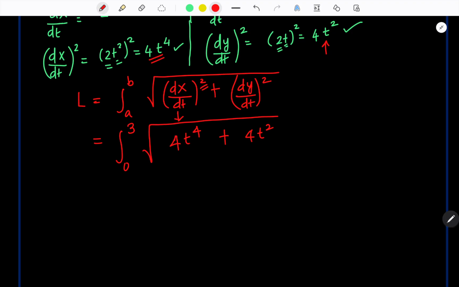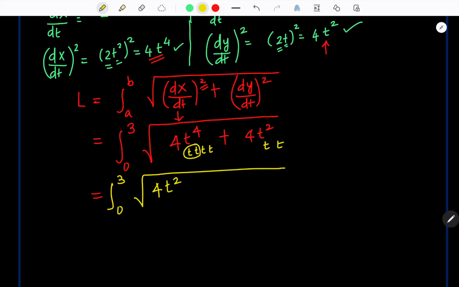Clear everybody? Right. This equals the integral from 0 to 3 of the square root of, I'm going to take the common terms, in Arabic amal mushtarak, 4 and t squared. Why? Here it's t, t, t, t, and here it's t and t.